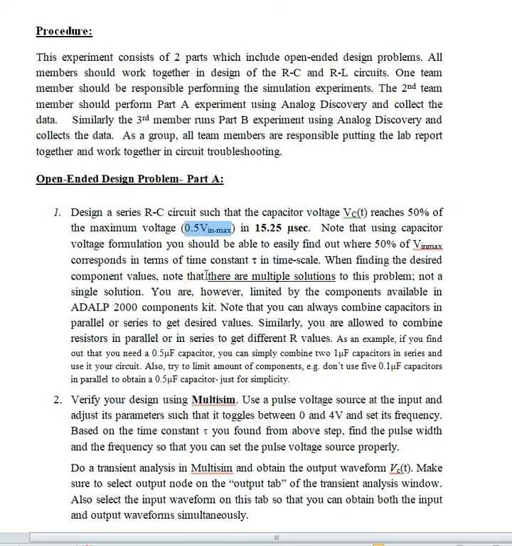Maybe it's 0.8 tau, maybe 0.6 tau. You need to figure that out from the formulation. This information will then give you tau, and you will need tau to design the components. You can choose basically any practical value that you want for the capacitance, and then figure out the resistance based on that. So there are multiple solutions to this problem.